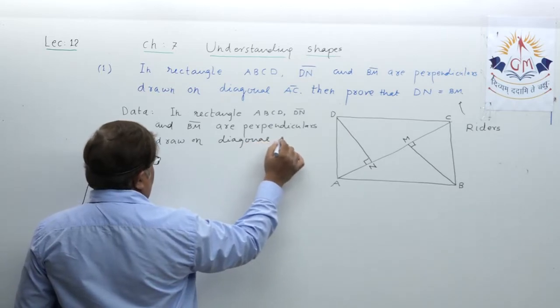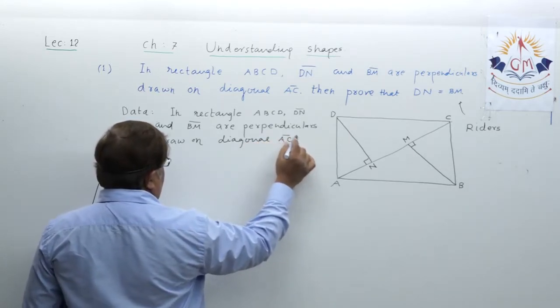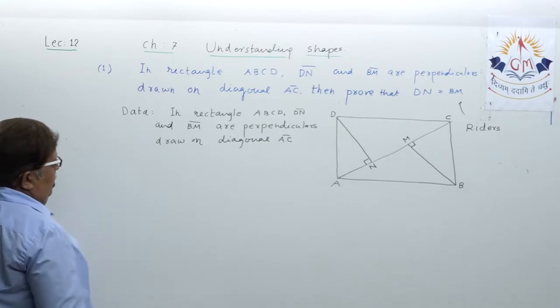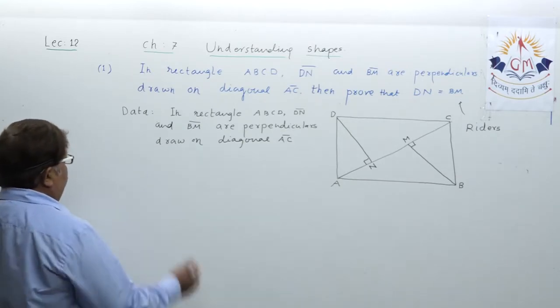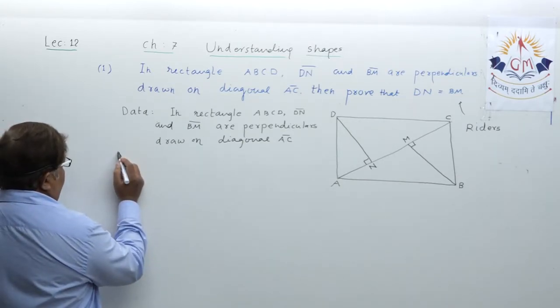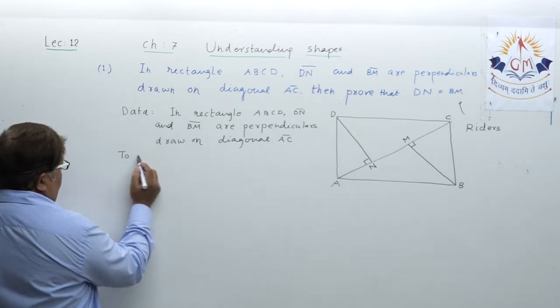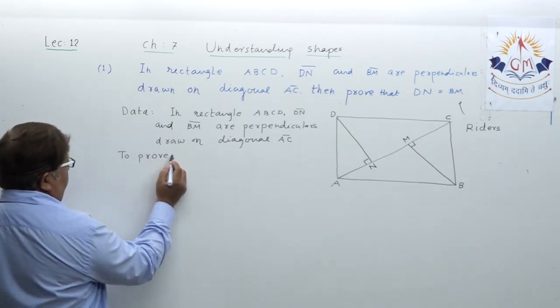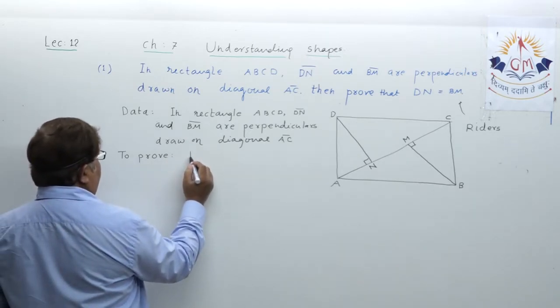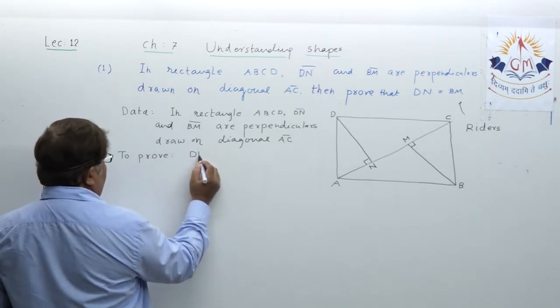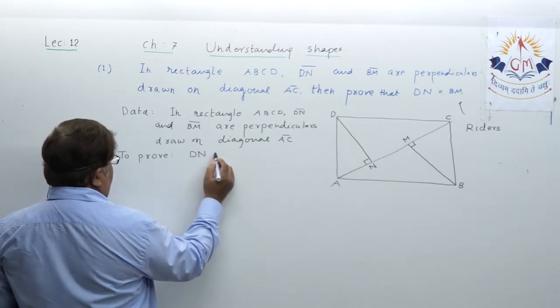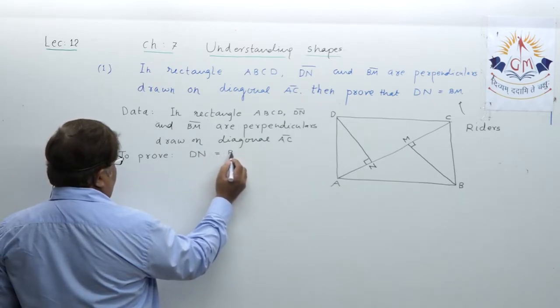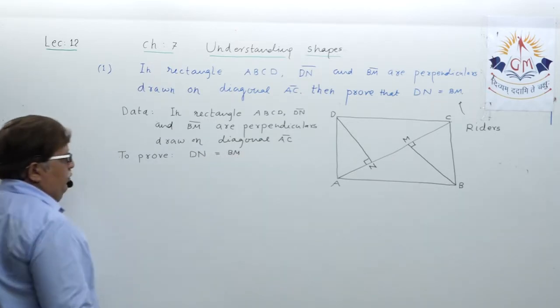Okay, this is given, or you can call it data. To prove, that means what you have to prove? DN equals BM. This is what we have to prove.